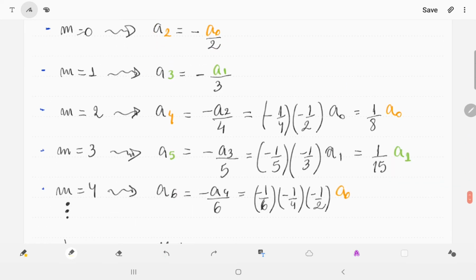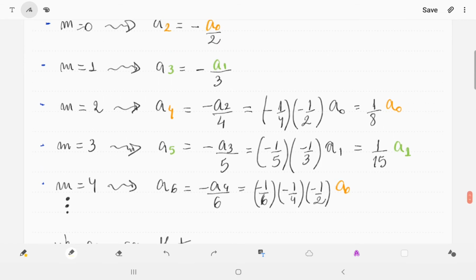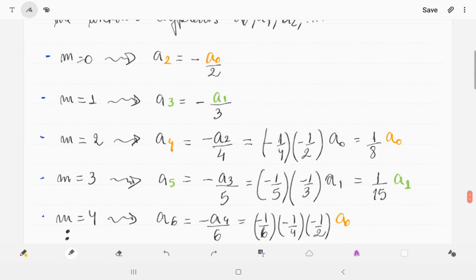So if we choose m equals 3, we will know a5, which is this expression. But again, we already know who a3 is, so we put that information here, and then we get this. We can do this with many values of m until we convince ourselves that we know who these coefficients a_m are. If you pay attention, you can see that for 2, 4, 6, we have a0 involved.